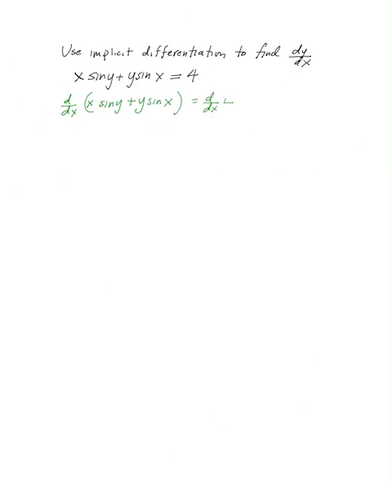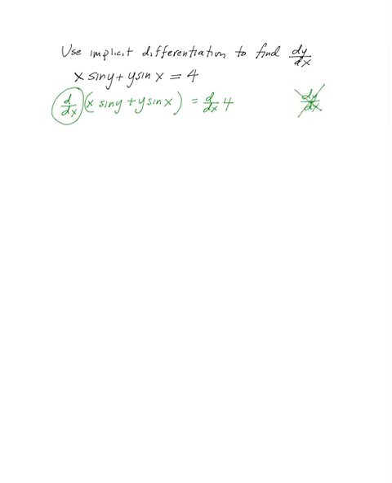A common mistake I've been seeing with people that have shared solutions in the past is that, in place of this symbol right here, they might write dy dx. That's not correct.